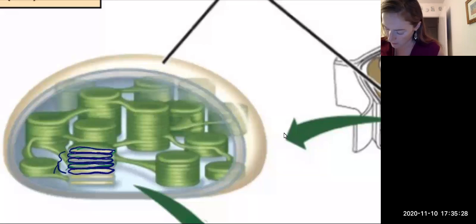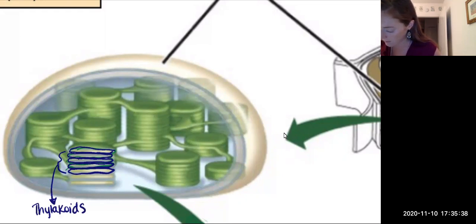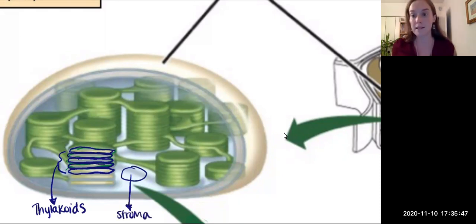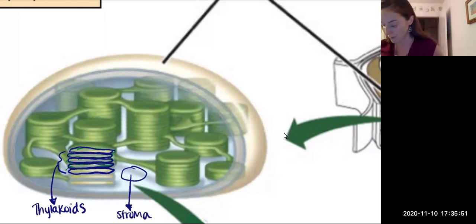That's where the first part of photosynthesis happens, the light dependent reactions. The second part of photosynthesis happens outside the thylakoids in this fluid-like substance called the stroma. So if this chloroplast were once a prokaryote, which the endosymbiotic theory proposes, then this stroma would be like the cytoplasm, right? It's like the fluid inside of there.